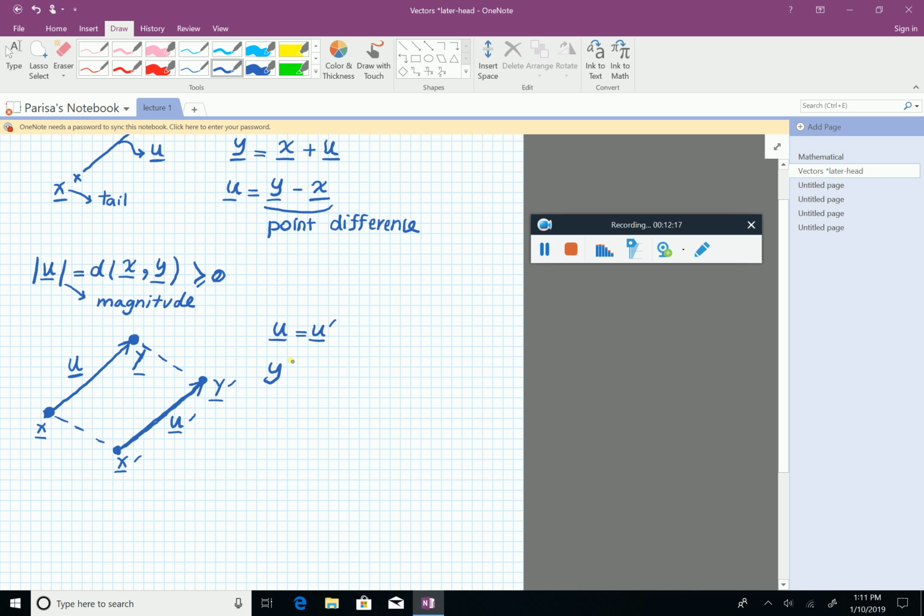So going to point y prime from x prime, we can write it through u or u prime, doesn't matter.